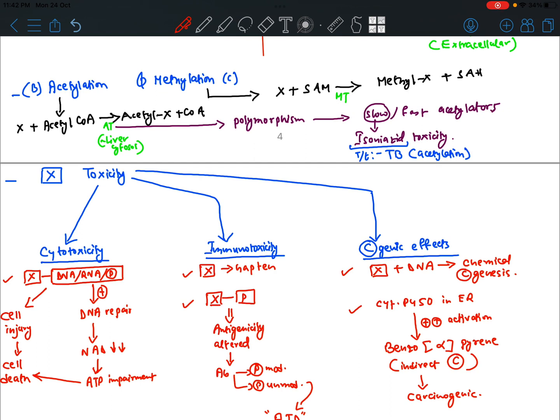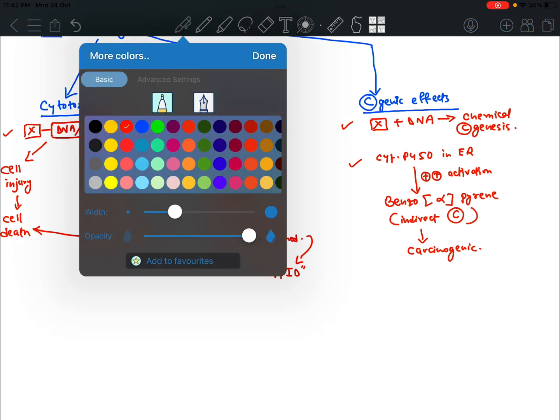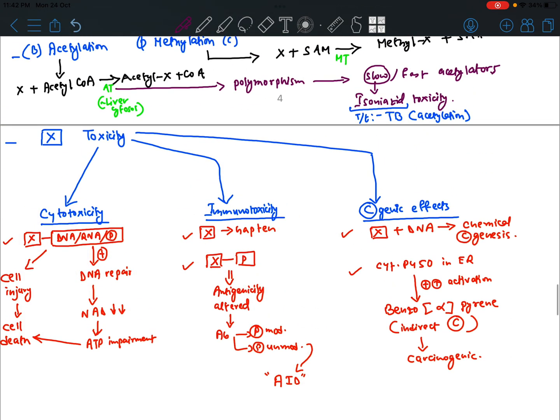How will it be detoxified, right? The enzyme epoxide hydrolase in the membranes of the ER can protect against some carcinogens. Let's talk about protection. We have here a pro-carcinogen. This reacts with cytochrome P450 and we get epoxides. What are epoxides?